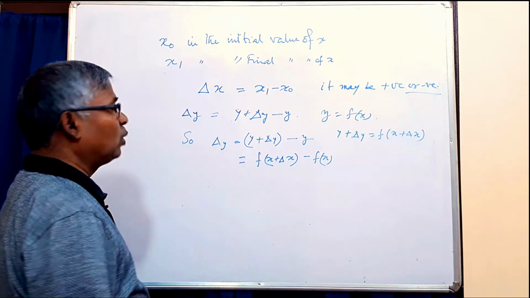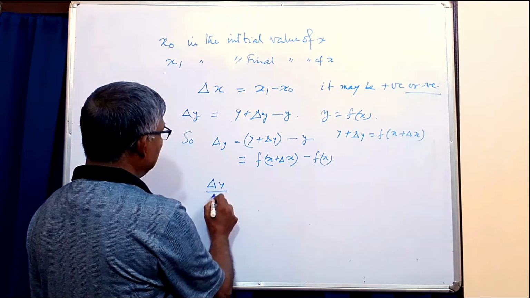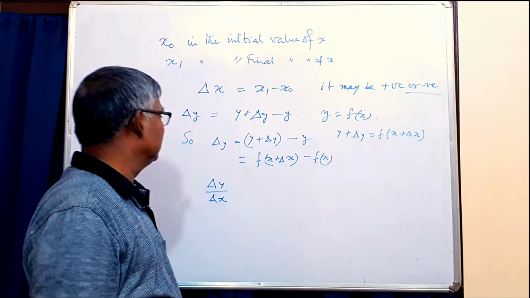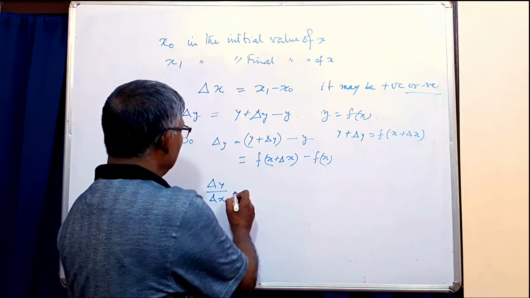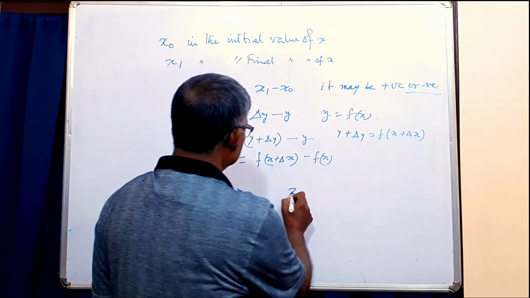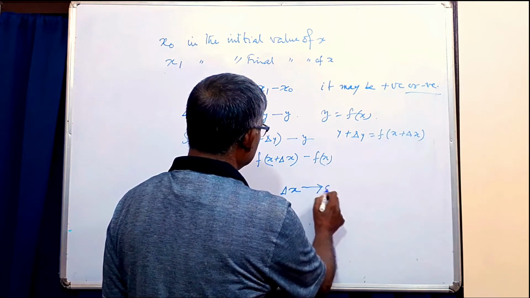Now let us see what is the ratio delta y by delta x. It is also called the increment ratio. What will be the value of this whenever delta x tends to 0?